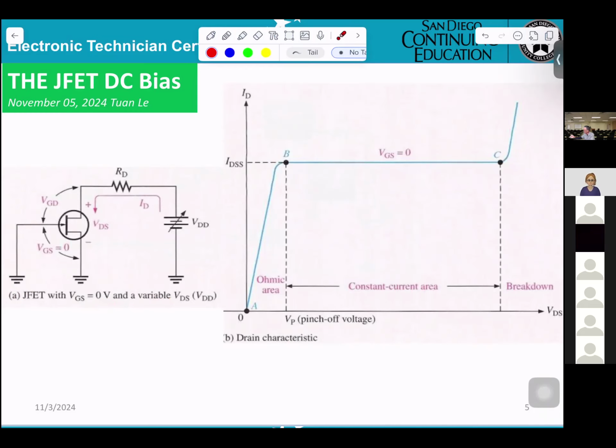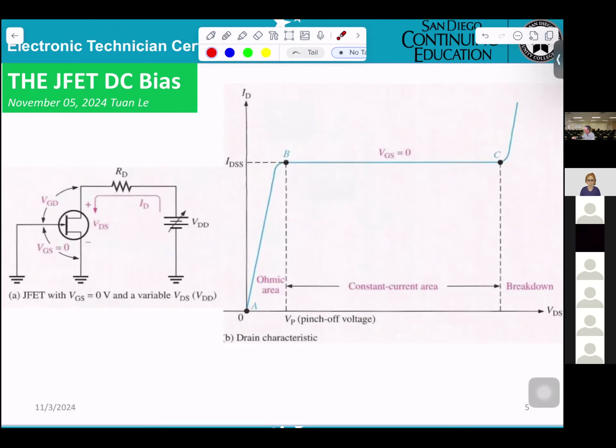So basically at this point, IDSS, current ID is 0. At this point also VDS equal 0.